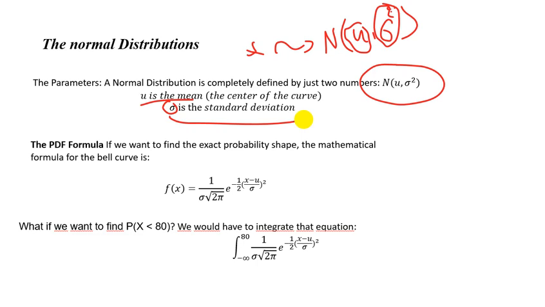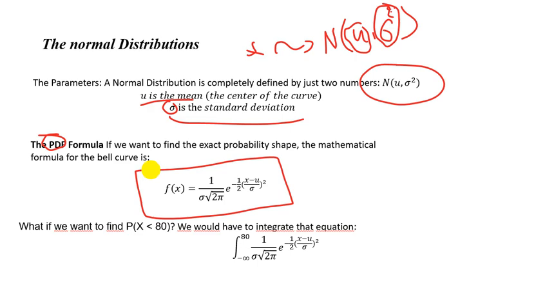So again, here we don't have a PMF, but we have a PDF, which is the probability density function. And the formula for the normal distribution is this.